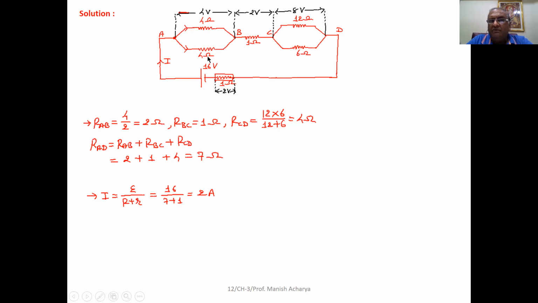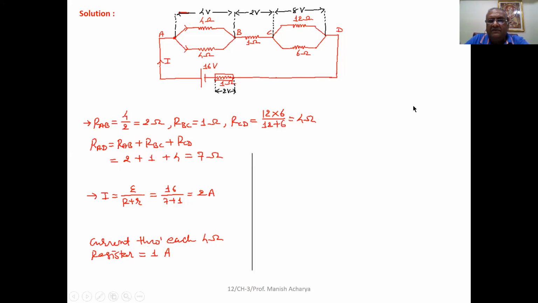Now, when the current flowing from both the resistors is 1 ampere, then the potential difference across each one is 4 into 1. As per that, between A and B, the potential difference will be 4 volt. Clear to all of you up to this one?